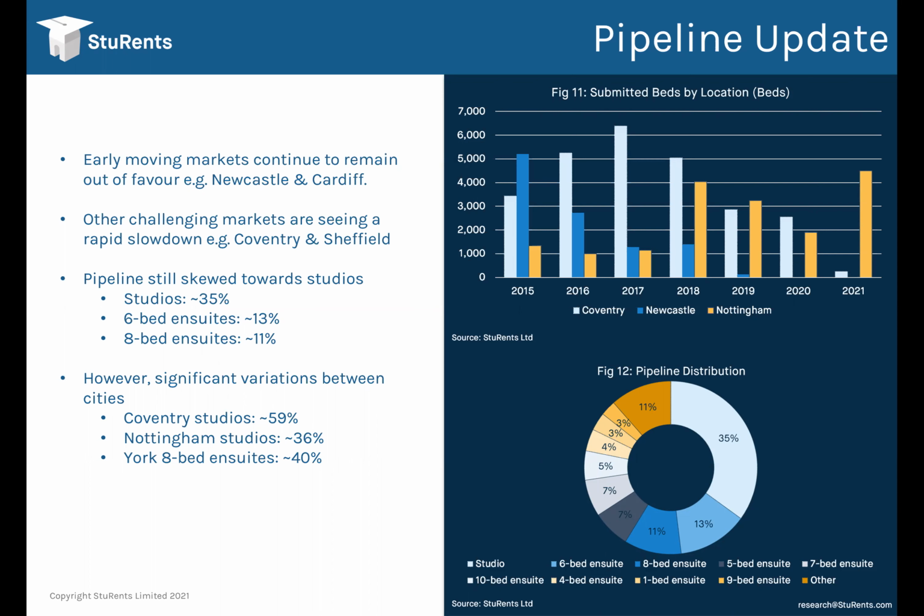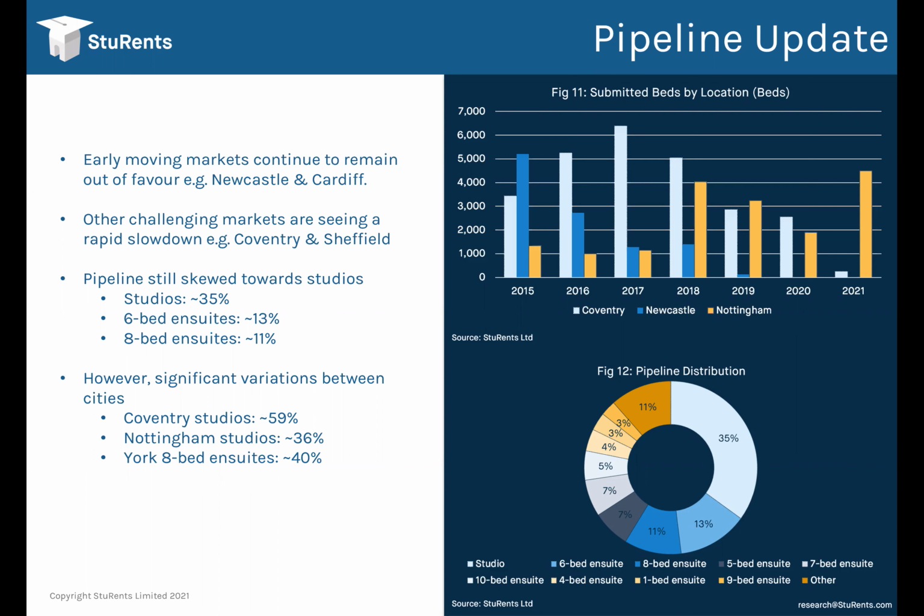So in Coventry, which I think we're all pretty aware has been hit relatively hard due to COVID, we saw applications being submitted in excess of 6,000 beds in 2017, and that's really started to come off pretty quickly. And in 2021, so far at least, the number of beds being put forward has dried up significantly.